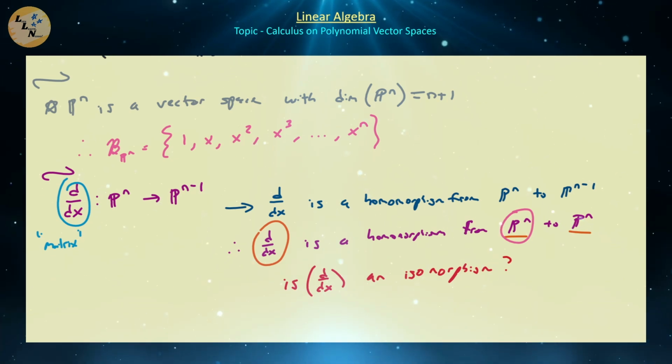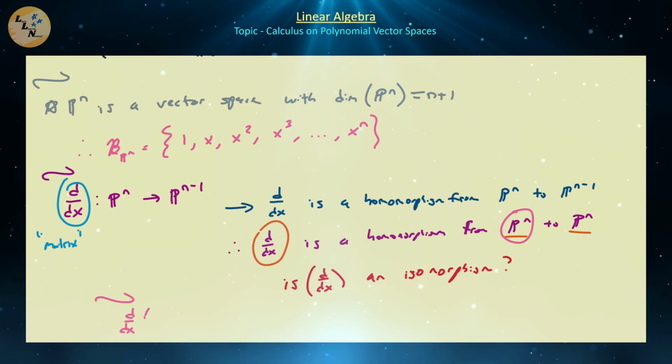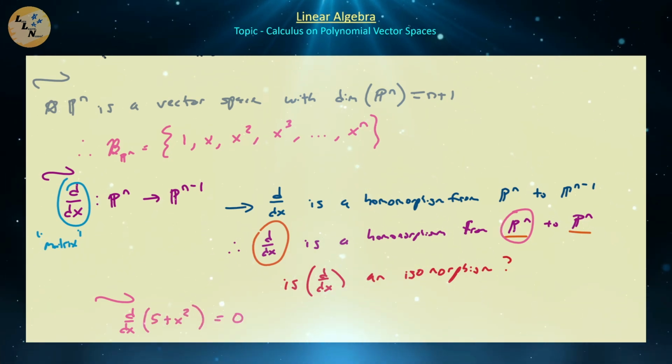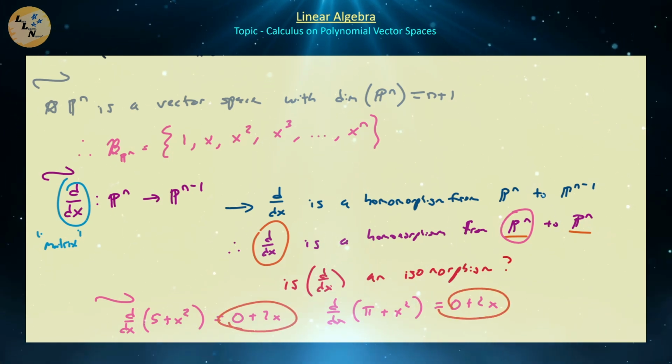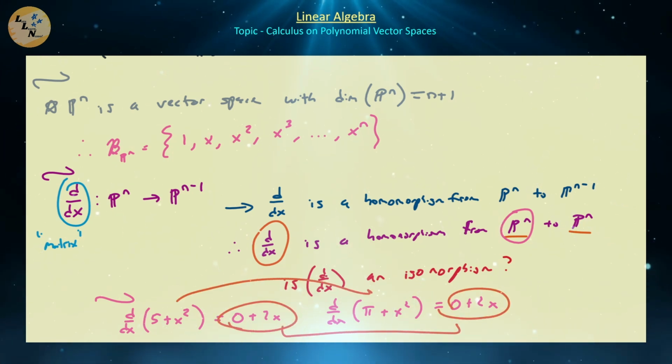But we do know that, for example, the derivative of 5 plus x squared is equal to, of course, 0 plus 2x, and the derivative of, say, pi plus x squared is also equal to 0 plus 2x, and there's infinitely many more examples that you could give, right? But notice that these two values are the same, but the inputs are not the same.